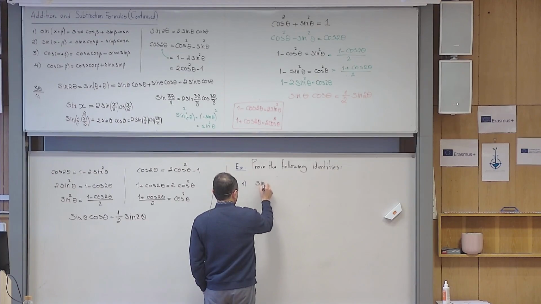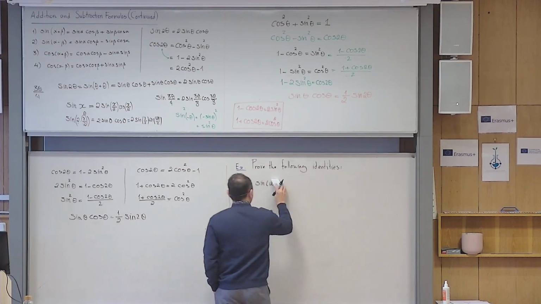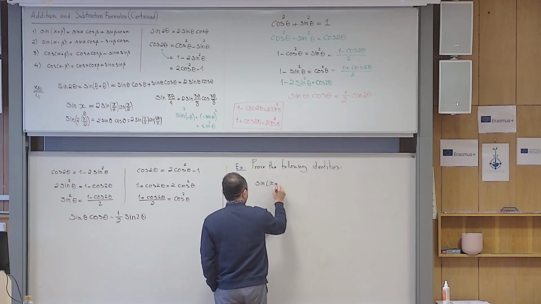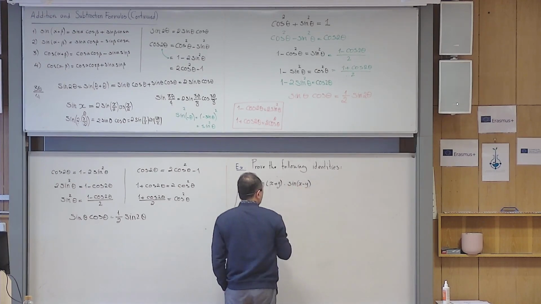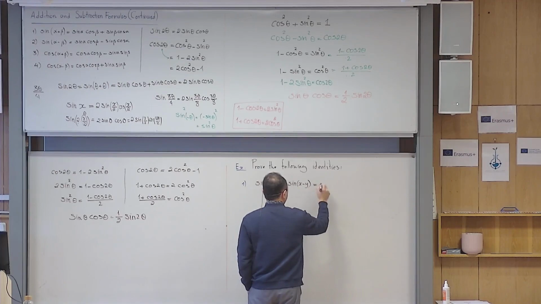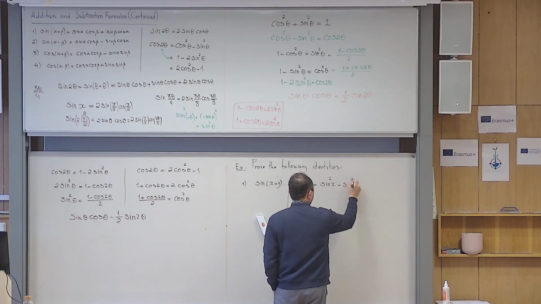Let me write x and y: sine of x plus y multiplied by sine of x minus y. We want to prove that this is equal to sine of x squared minus sine of y squared.